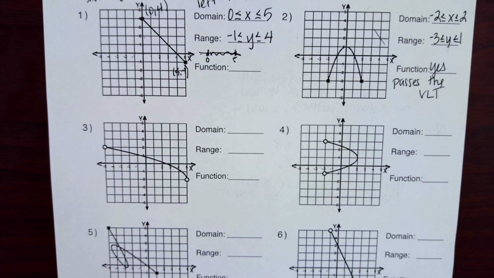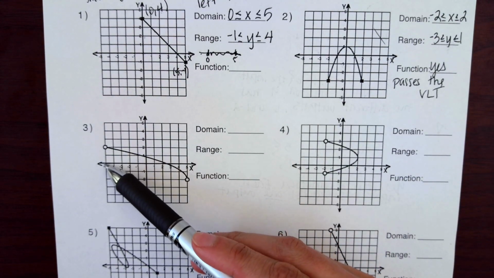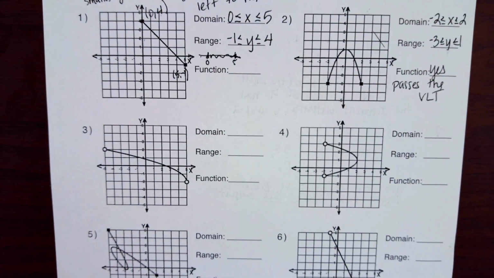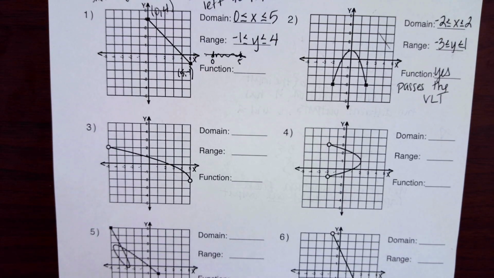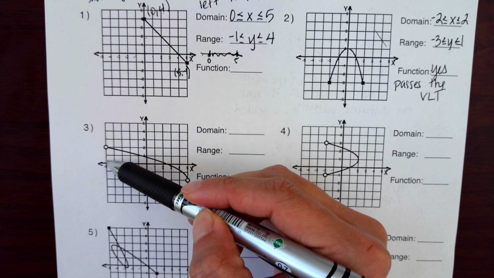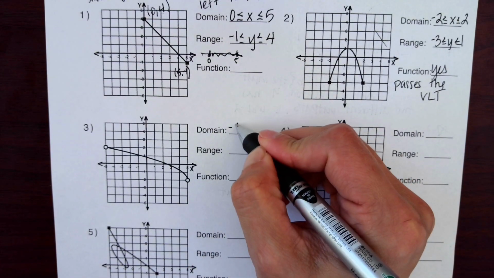And this time I'm not going to use the sticky notes. You can if you'd like to, but if you're using them, then go ahead and place them on either side, left and right. Now what's different about this one is that I have an open circle. And remember, in graphs, it doesn't matter if it's two-dimensional or one-dimensional, an open circle means that it's not inclusive of that value. So even though we have an open circle at -5, we're going to say that that's our minimum value.